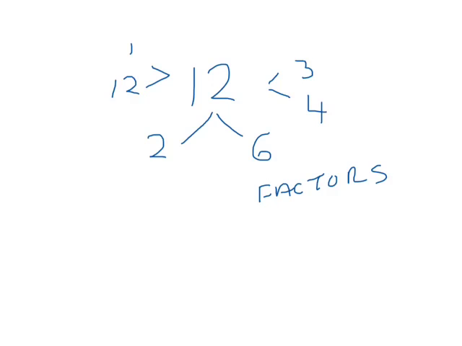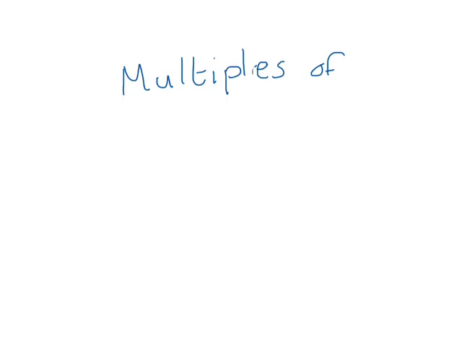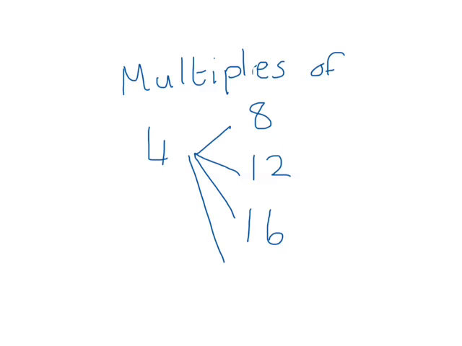Another way round, what are the multiples of, let's say, 4? Well, the multiples of 4 means the larger numbers, the answers in the times tables. So 8 is a multiple of 4, 12 is a multiple of 4, 16 is a multiple of 4, 20 is a multiple of 4.